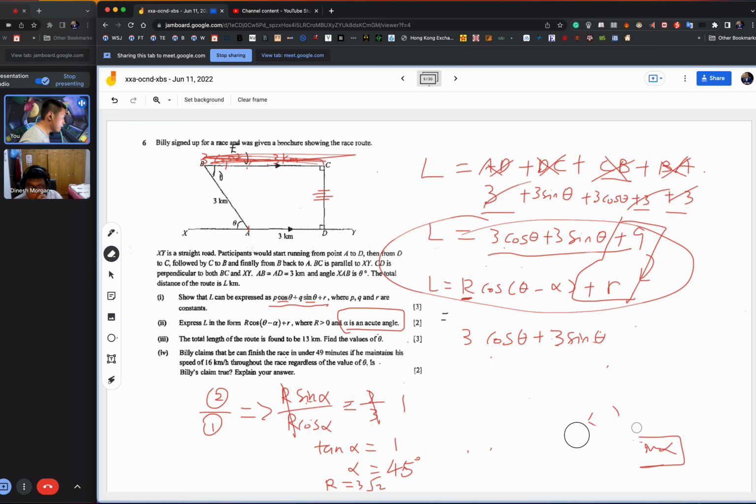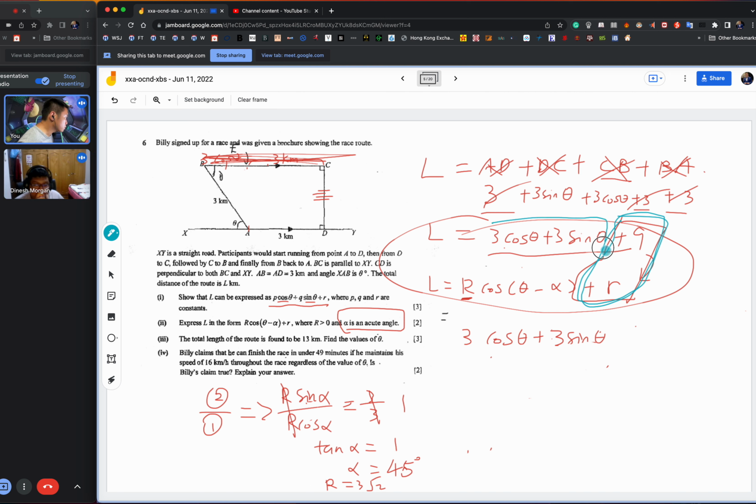This one I can ignore because this is the up and down movement. The plus 9 will actually move the graph up and down. Okay?